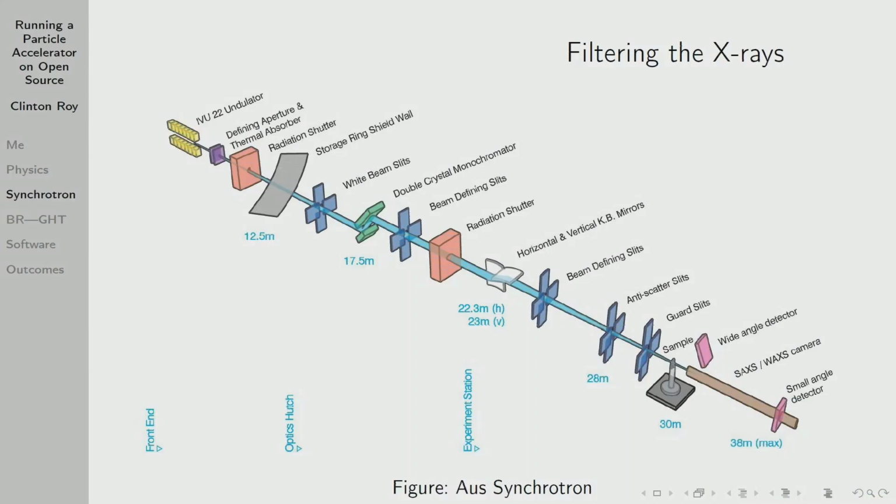So, after we've converted the accelerated electrons into X-rays, we do a lot to those X-rays before we let them hit our sample. So right up the top left, we've got what we call an undulator. There are different ways of turning the accelerated electrons into X-rays. The simplest is just a single magnet that we call a bending magnet. Then you've got more complicated devices like undulators.